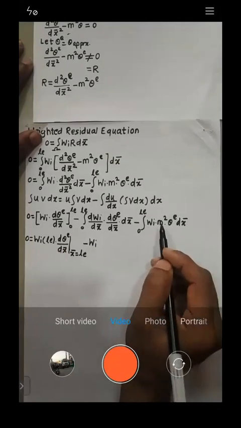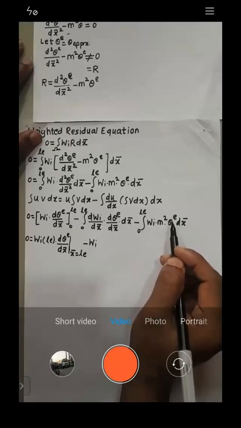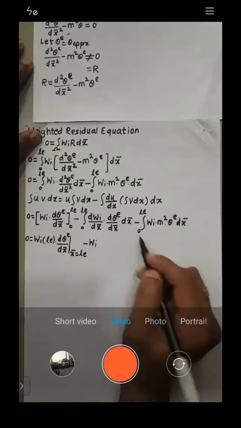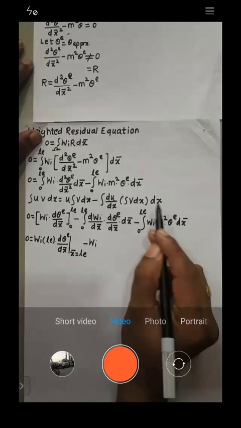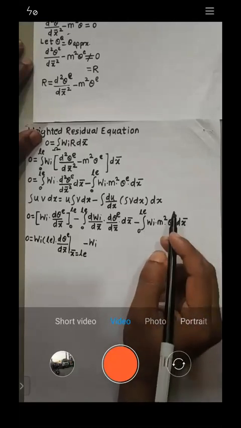This m square, it's a constant value, right? This theta e, okay, that I need to write approximate in terms of some polynomial or in terms of shape functions, right? So that's why we are not integrating it, because you see, it is obviously going to get reduced into some mathematical formulations, right?